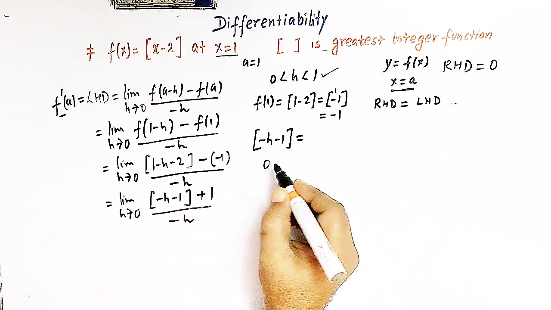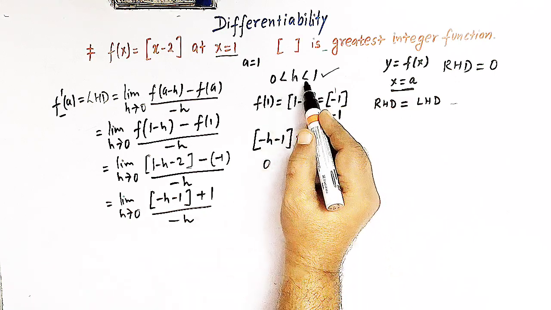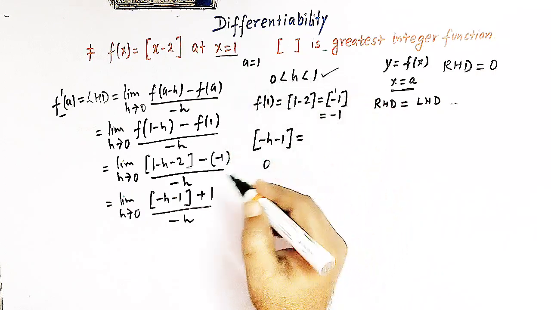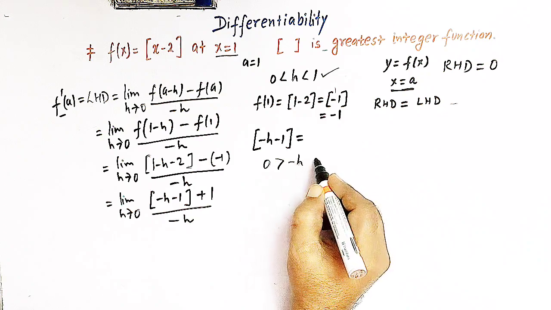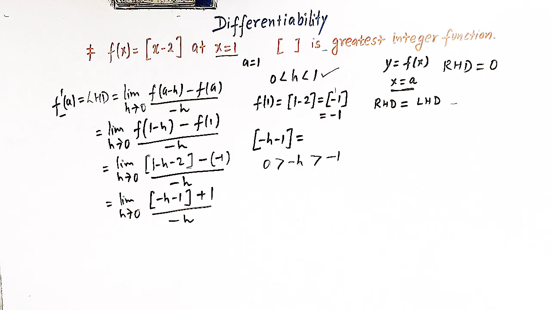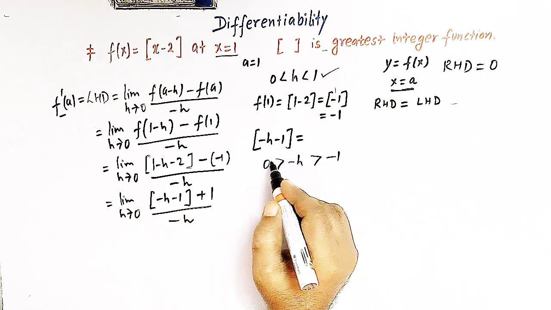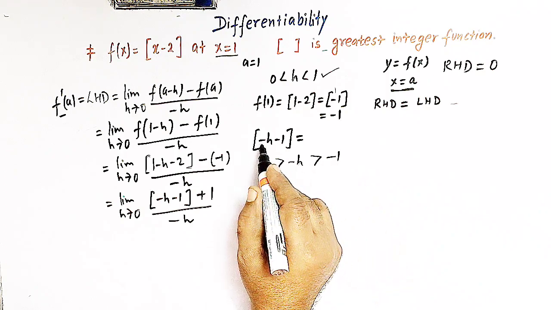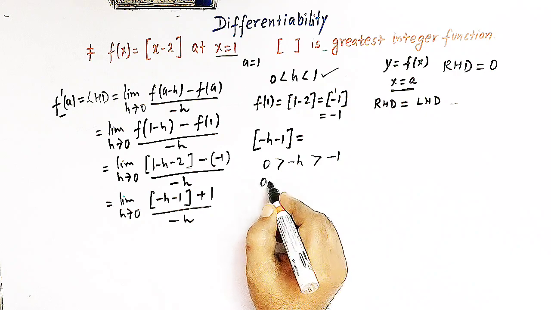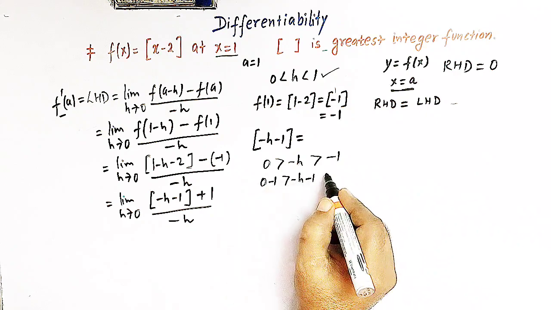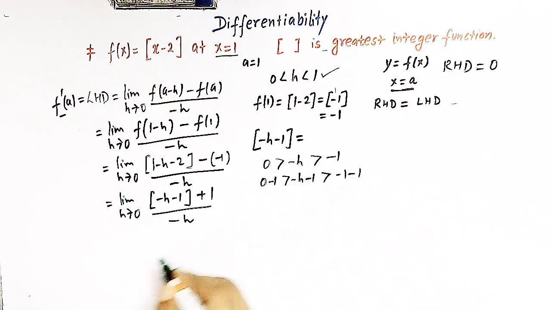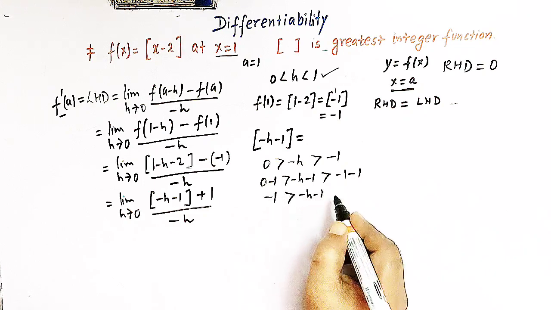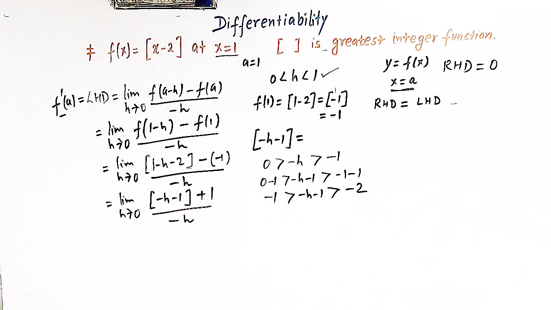So we have 0, and the direction of the inequality gets reversed when we multiply throughout by a negative quantity, so here we have minus h and here we have minus 1. Let us subtract 1 throughout so that we can get the term minus h minus 1. So here we have 0 minus 1, which is minus 1, this is minus h minus 1, and this is minus 2.